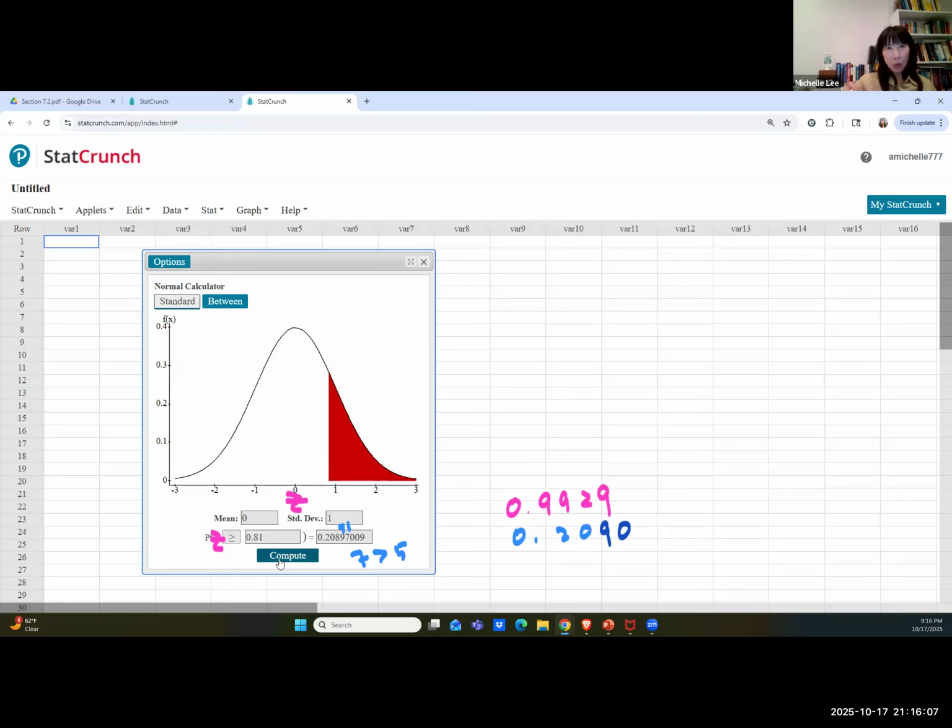Okay, 0.2090, yeah? So this area is 0.2090 and greater. So that part, right here, right? Make sense? Okay.